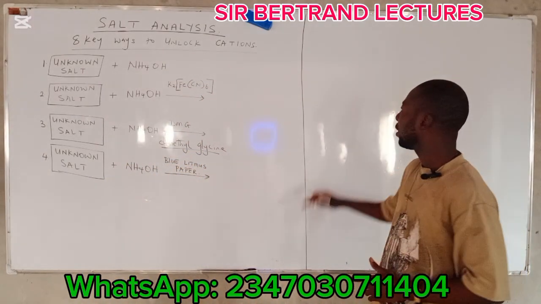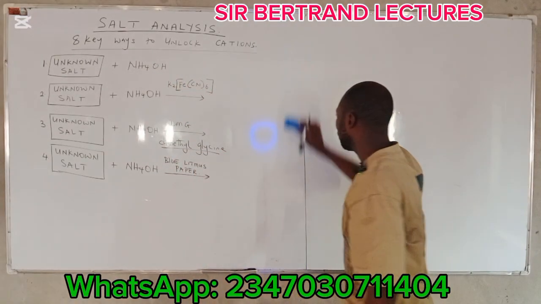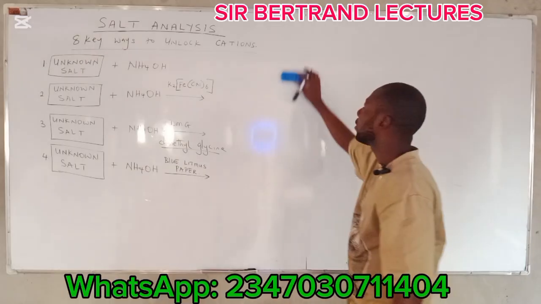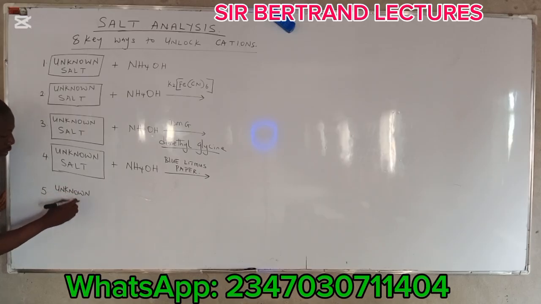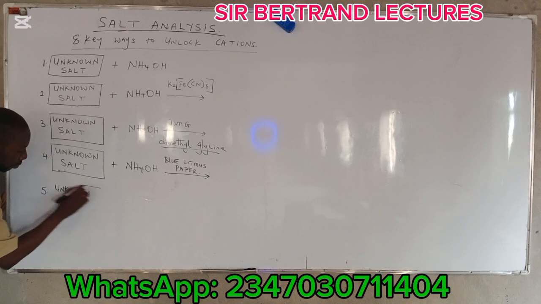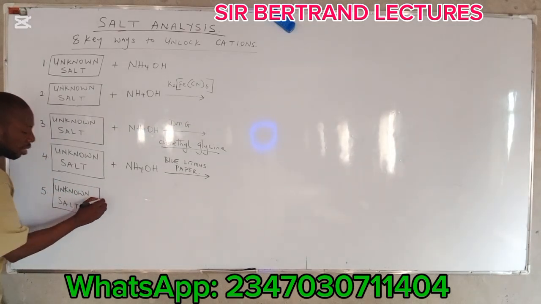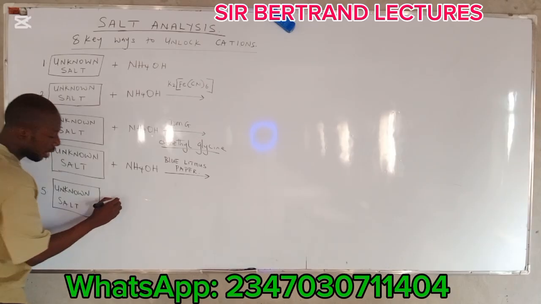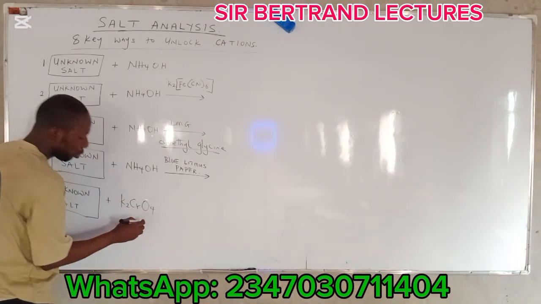Now, let's look at the next 4 at this part of the board before I start to discuss them one after the other. 5. To an unknown salt sample, here you add potassium chromate.